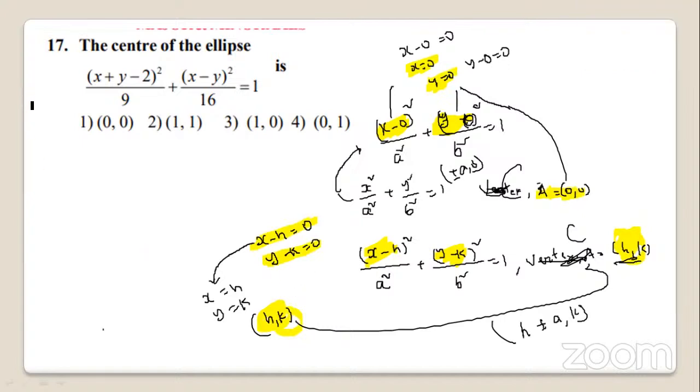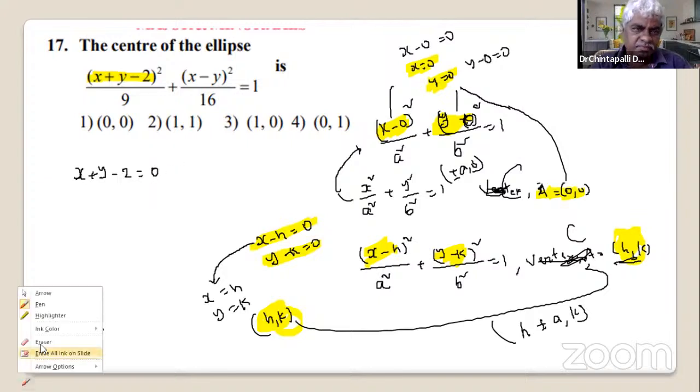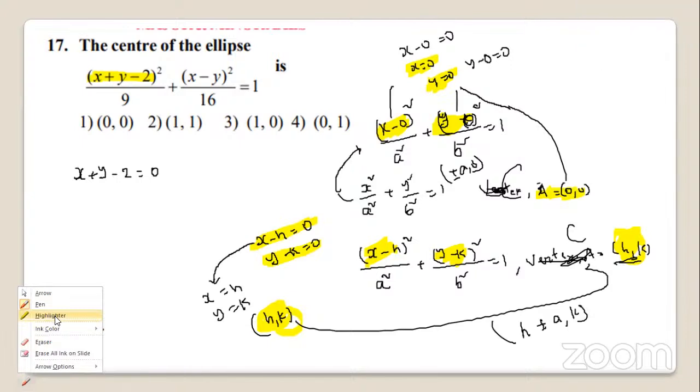Now, the point of intersection of the line x plus y minus 2 is equal to 0 and the other line, x minus y is equal to 0.